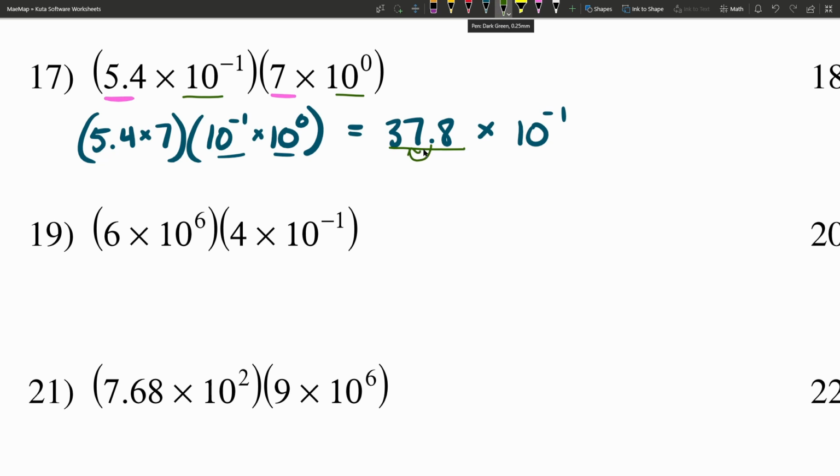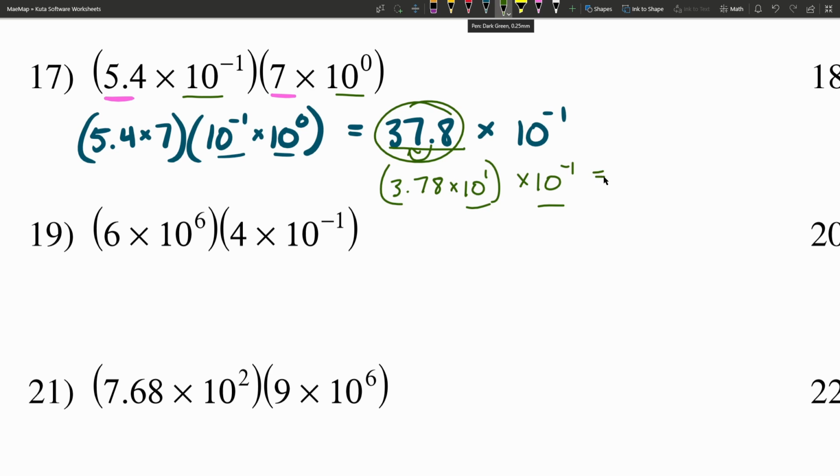Moving that decimal place over once, we'll get 3.78, and that needs to be multiplied by 10 to the first to revert back to our 37.8. So if I have 3.78 times 10 to the first, which is 37.8, and I'm multiplying that by 10 to the negative 1, combining those numbers where I have the same base, I add the exponents.